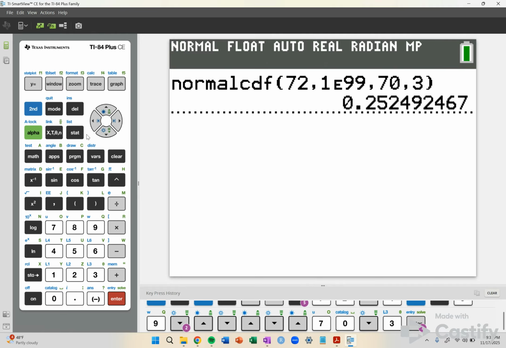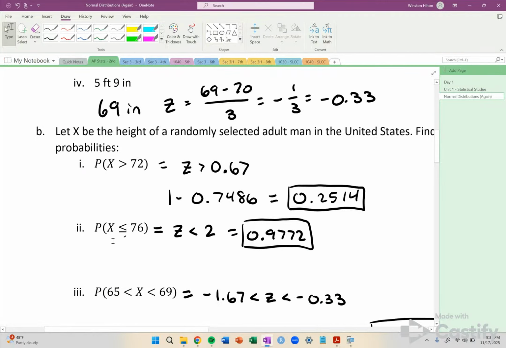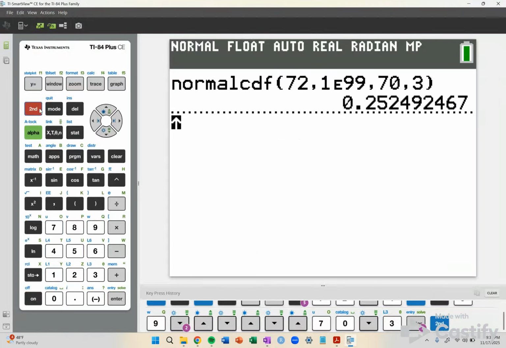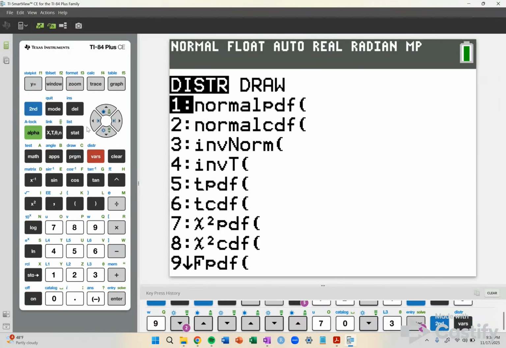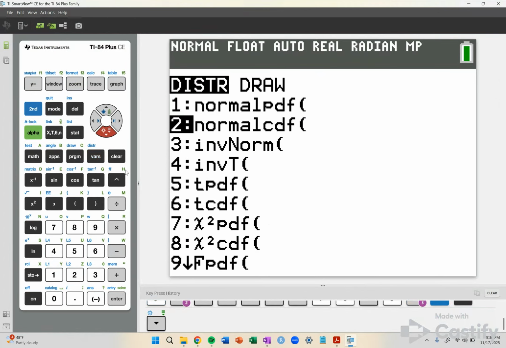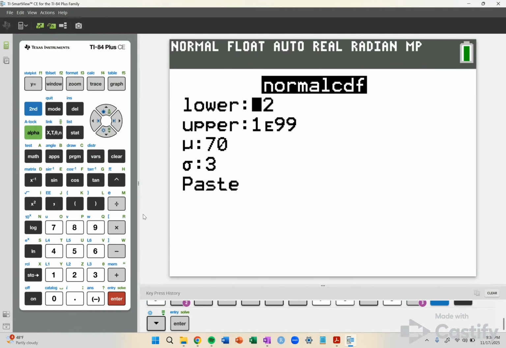Now, if you want to do the same thing, but for an area to the left, let's say we want to find the probability that they are less than 76 inches tall, we're going to follow this same pattern. Okay. Second VARs, select normal CDF, but now our lower bound is negative infinity.